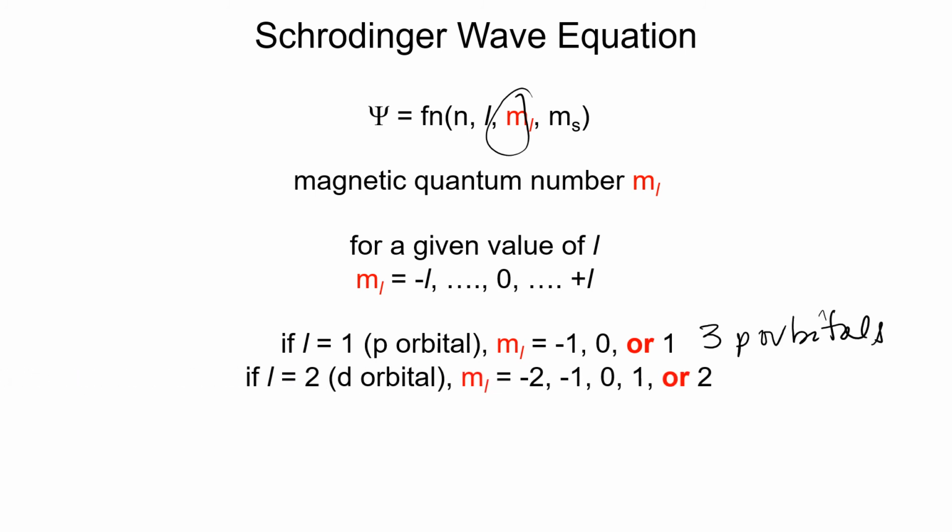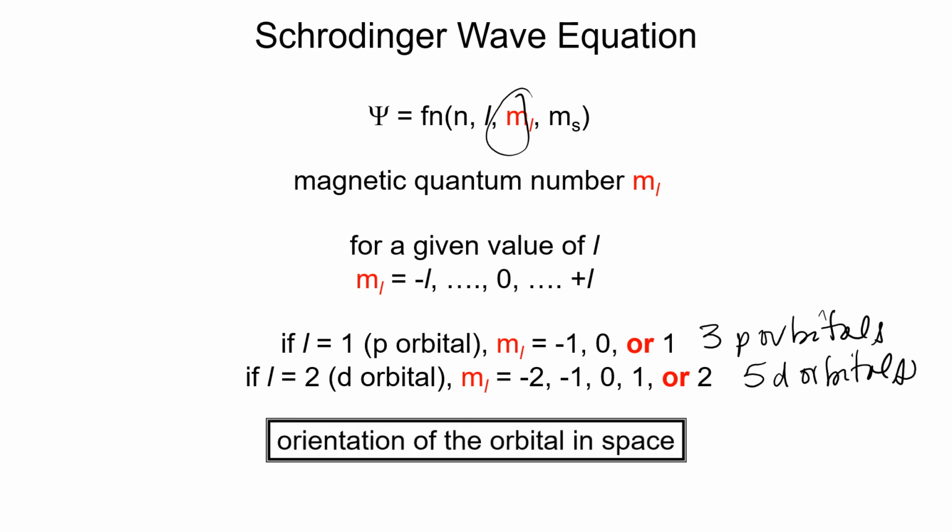If L equals 2, m sub L ranges from minus 2 to plus 2, and this is the 5 d orbitals. So m sub L, or the magnetic quantum number, describes the orientation of that orbital in space.